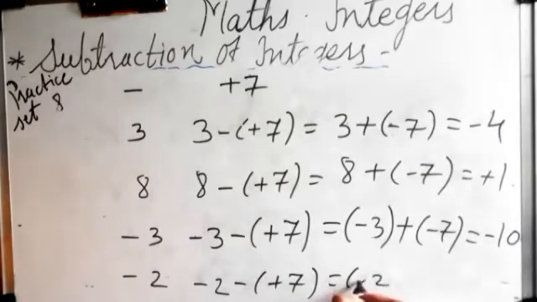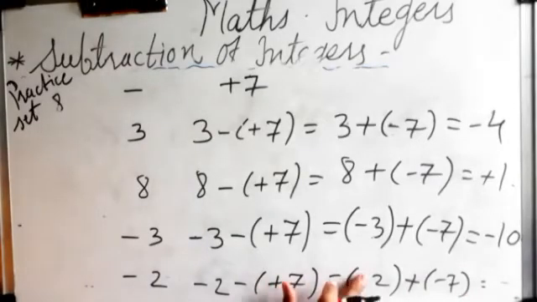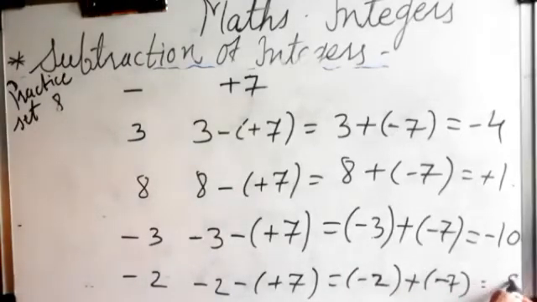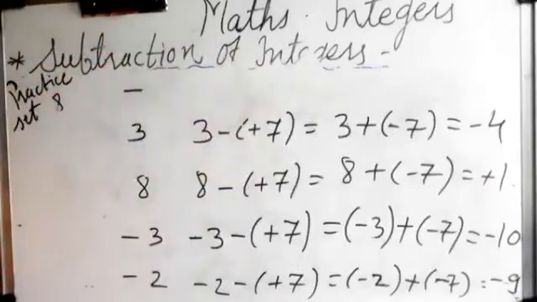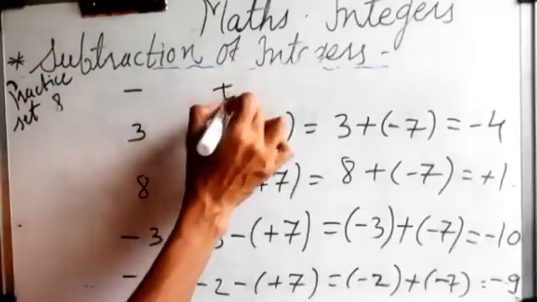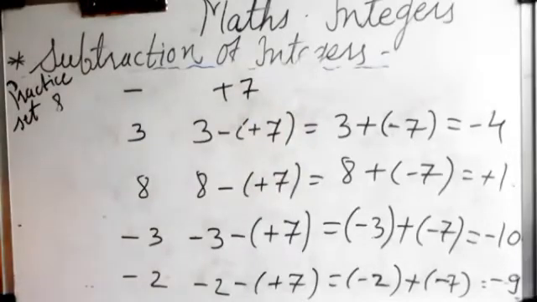That means minus 2 plus minus 7. Again same sign came here, minus 2 and minus 7. So take the addition. 7 plus 2 is 9. And take the common sign, that is minus. Okay. Then next is this is for plus 7.